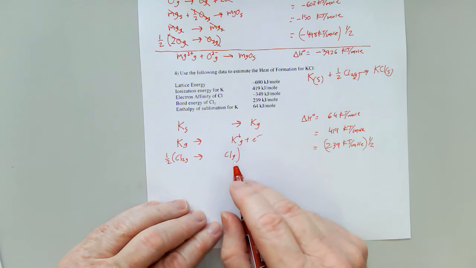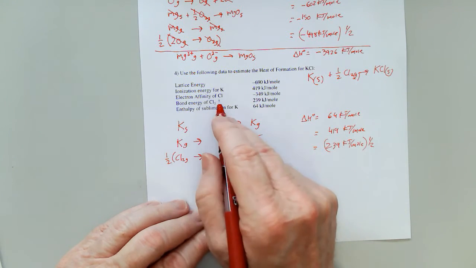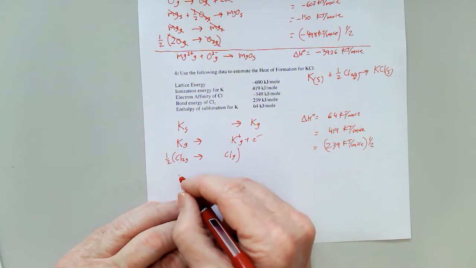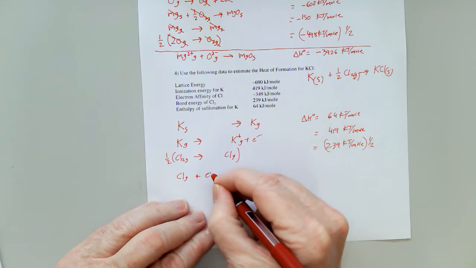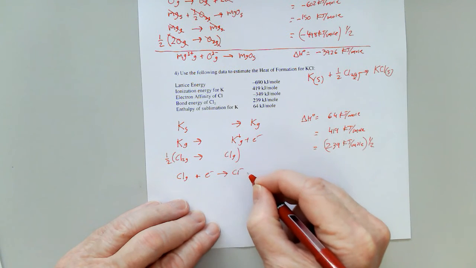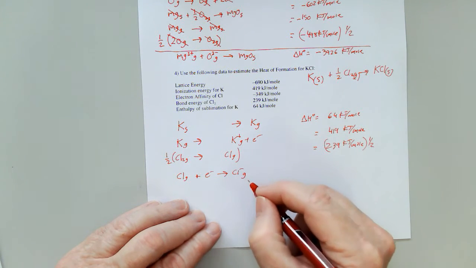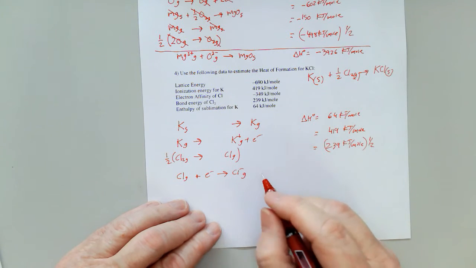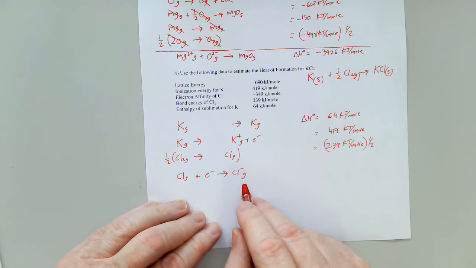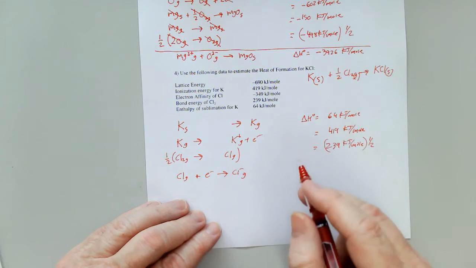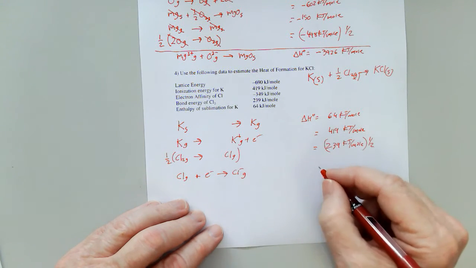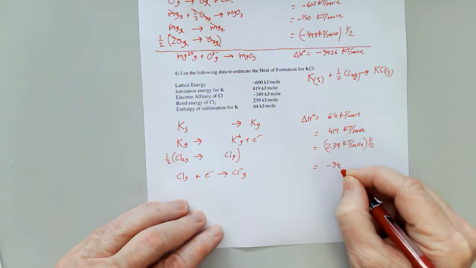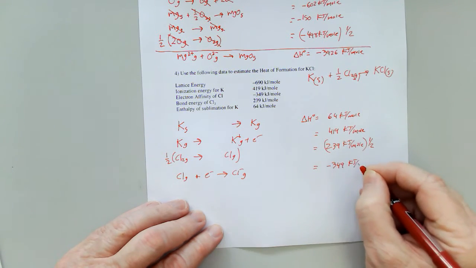Now, let's see, electron affinity for Cl. That is the Cl gas plus an electron goes to Cl- gas. Okay, that's cool. Now that one, 349, it's negative. I haven't changed it, so this is negative 349 kilojoules per mole.